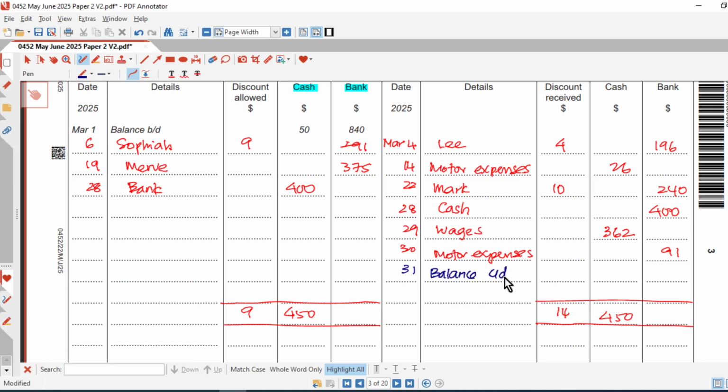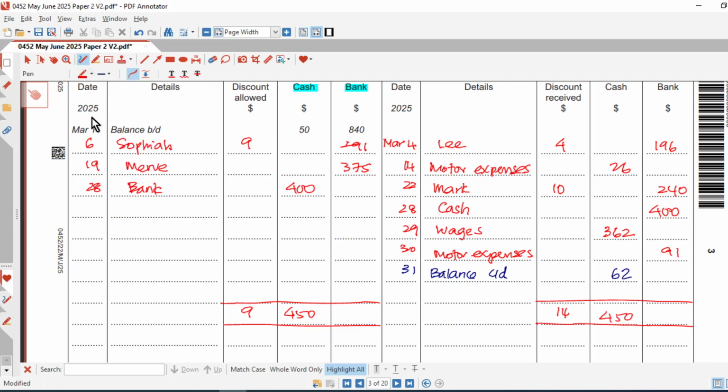So March 31st, make sure you get the dates right. They're gonna minus a mark if you don't. So $450, you're gonna minus 26 and 362. So once you work that out, you should be getting a $62 balance carried down.